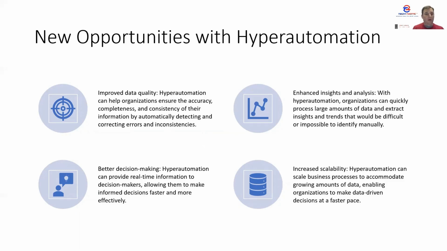We also can now, as that information goes through, see insights and analytics on this, where we can start to see who's buying and what they are buying. We can expand our hyperautomation to get that report, and those analytics are going to help us with better decision making as well.